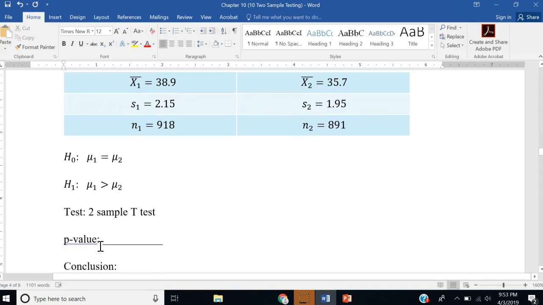And all of that together, when I type that into my calculator, I get a p-value of, well, this is 0. Hopefully, you also got a p-value of 0. Now, what's a p-value of 0 mean? Well, quite simply, it is so small that your calculator doesn't even register it.